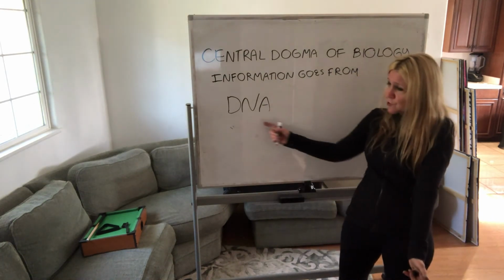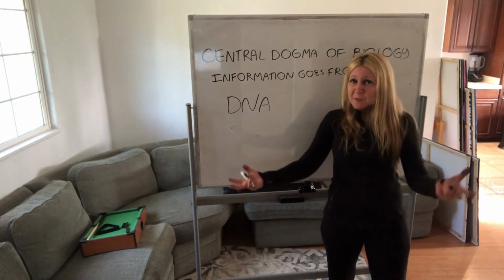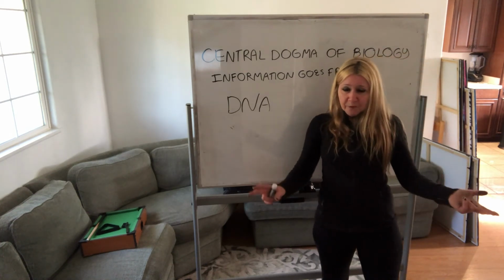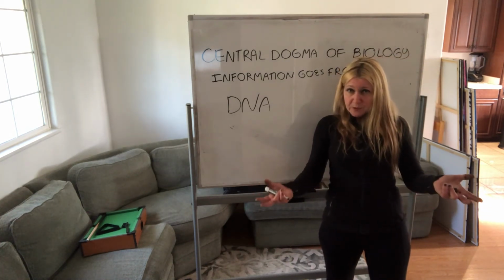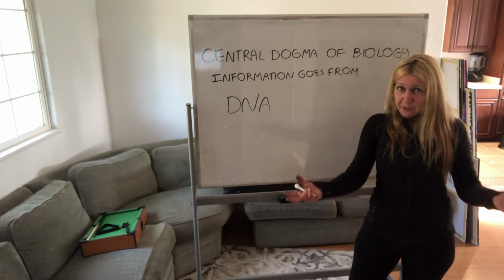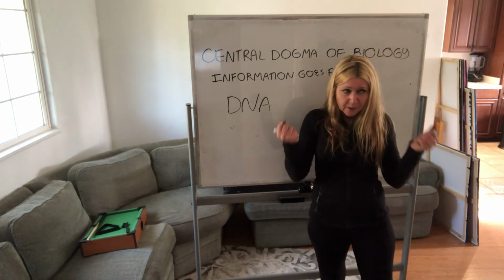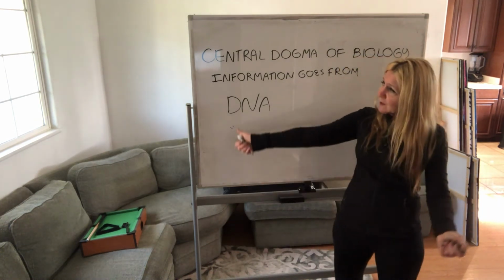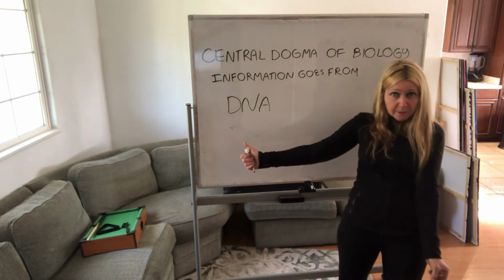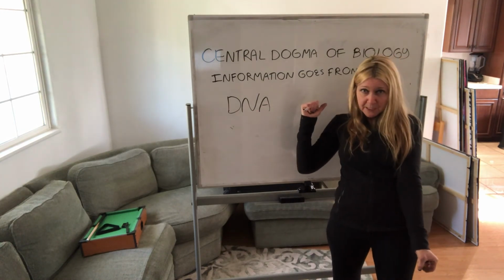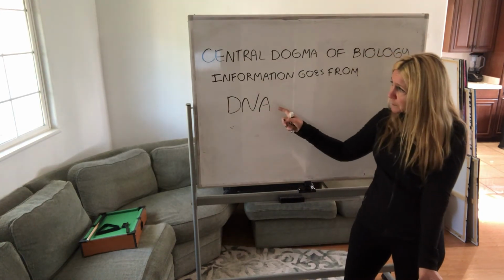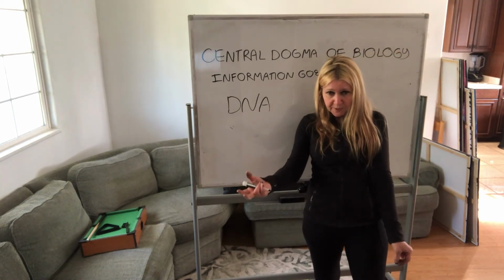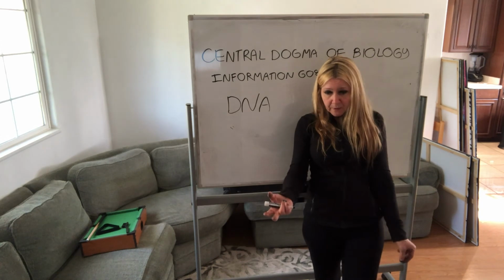If there are mutations, which really are just mistakes in DNA, most of the time mutations are not harmful and they're not helpful. They're harmless and they don't really make much difference. However, there are mutations that are harmful. And if you get a harmful one, it's going to affect everything else. It's going to affect the RNA. It's going to affect the proteins made. So, for example, hemoglobin, which is a protein, is not made properly.